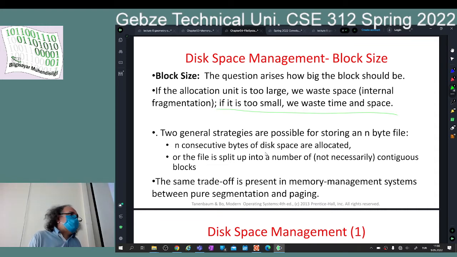Also, you need to traverse all of those blocks to access all that information in your file, and that's going to be time. So there needs to be a trade-off. You cannot make it very, very large. You cannot make it very, very small. You need to find the balance. That's what we are going to look at. It's very similar to page sizes in our memory, right? We had the same issue in there too.